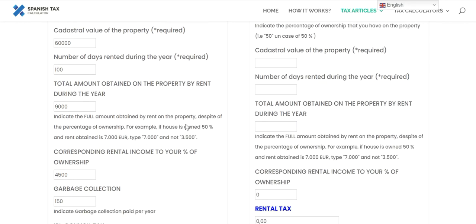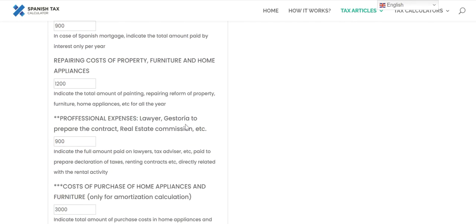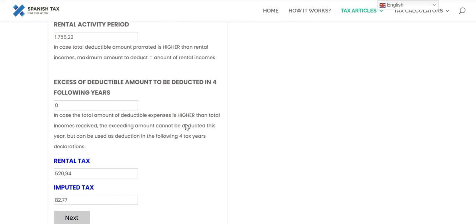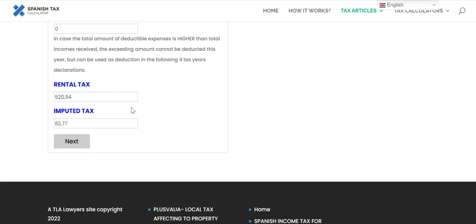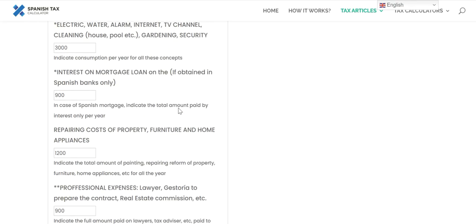So okay, this is the calculation of the income tax for non-residents, considering the apartment for the rental period that has been rented, and also the imputed tax for the time of the year in which the apartment has not been subject to rent. So now we go for the garage.